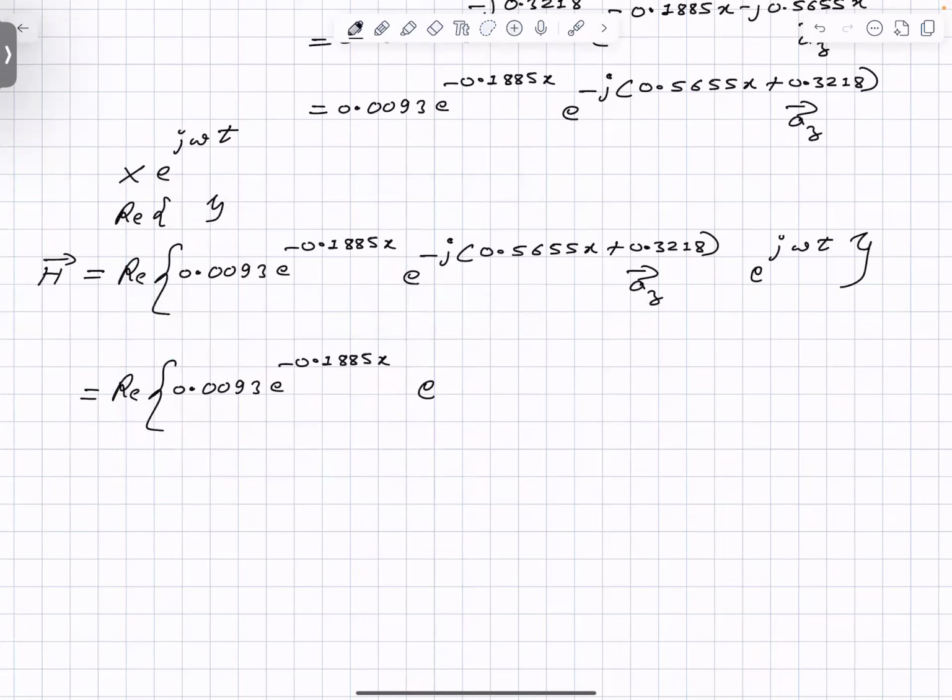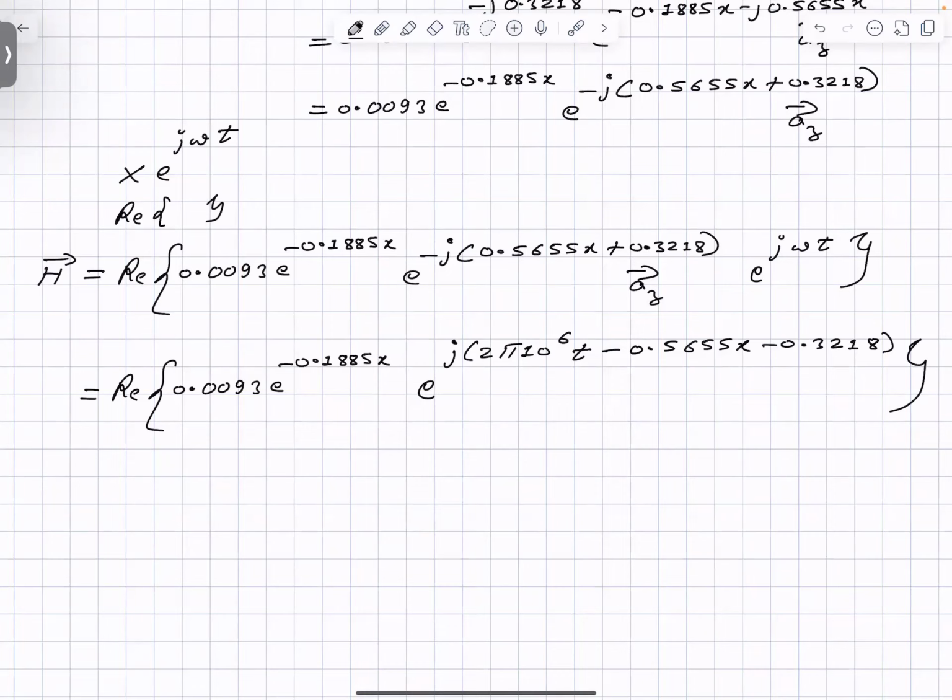So j omega t, in fact, also for omega, let's write the actual value because we know it is 2 pi 10 to the 6 and then t. And then we have minus 0.5655x minus 0.3218. Okay, that's just multiplication by complex exponential.